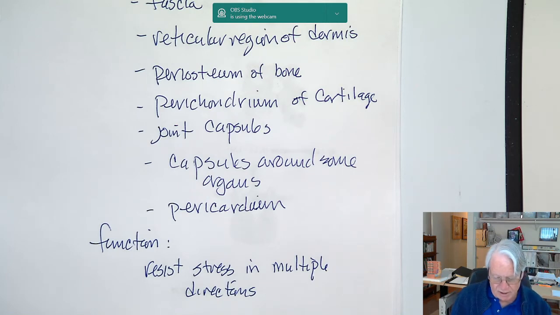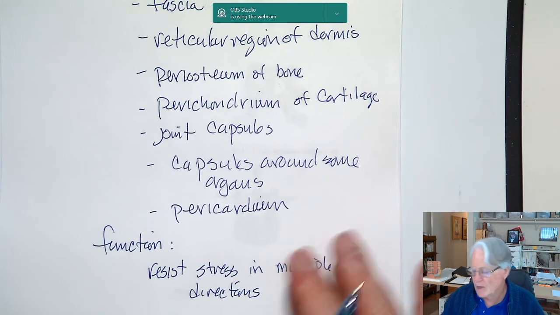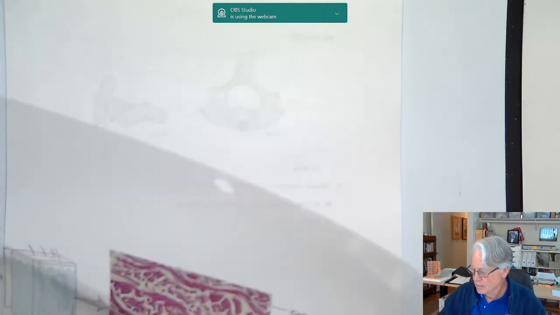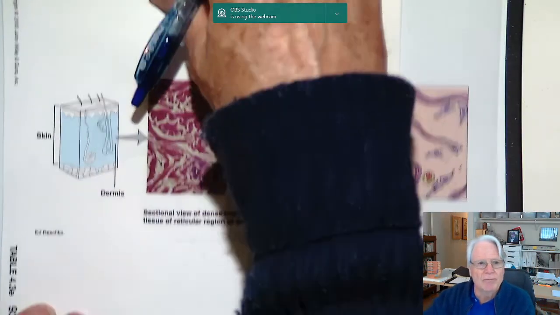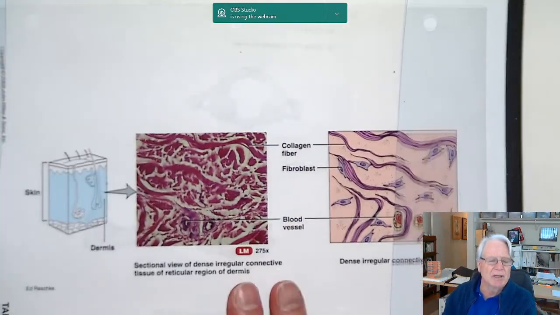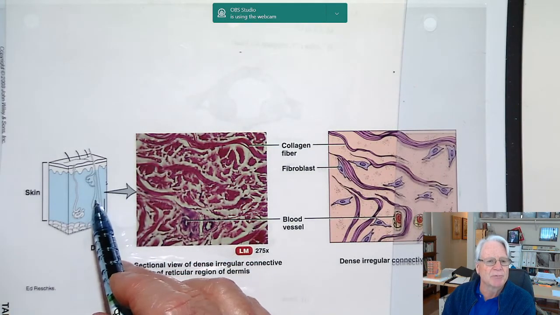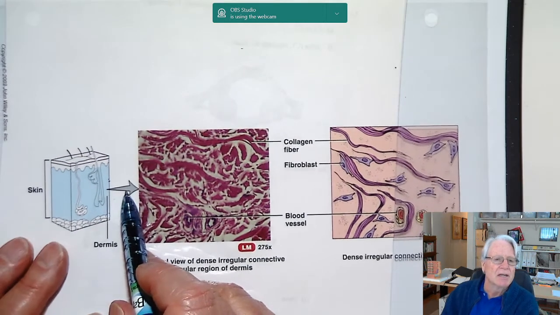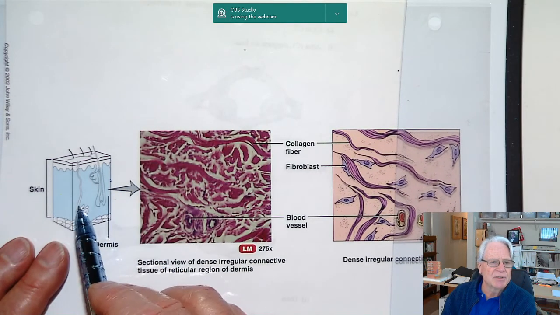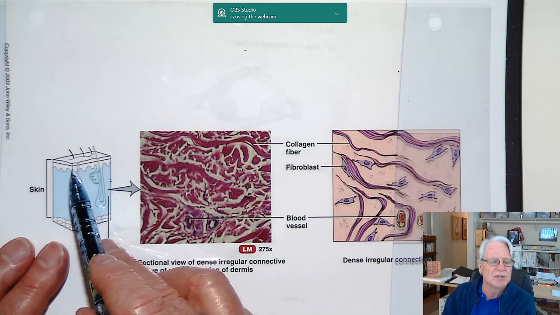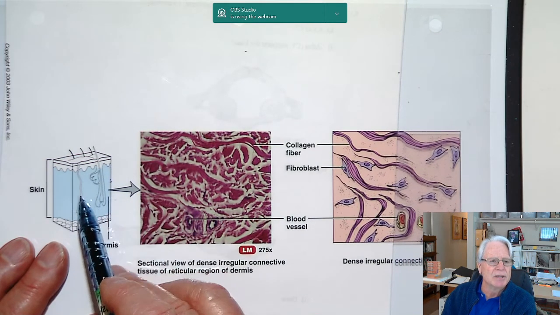And we can take a look at that. So here they're using the example of the reticular region of the dermis. So again, we're going to talk about this in the next chapter, which is the integumentary system. That's our skin. So we have the epidermis, which is in white here, and then in blue is the dermis.